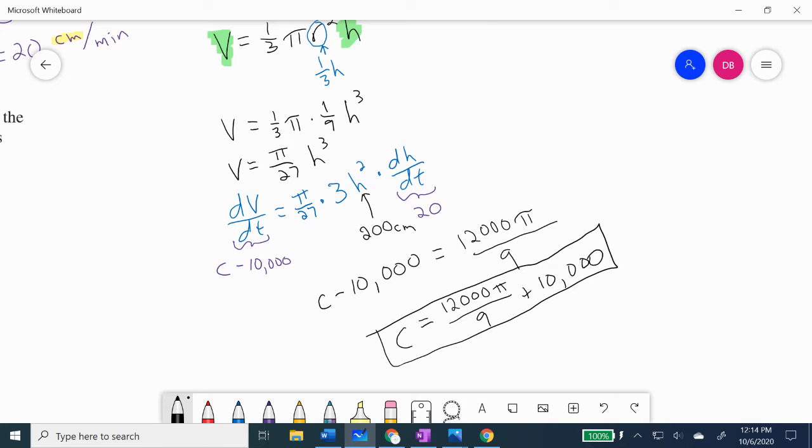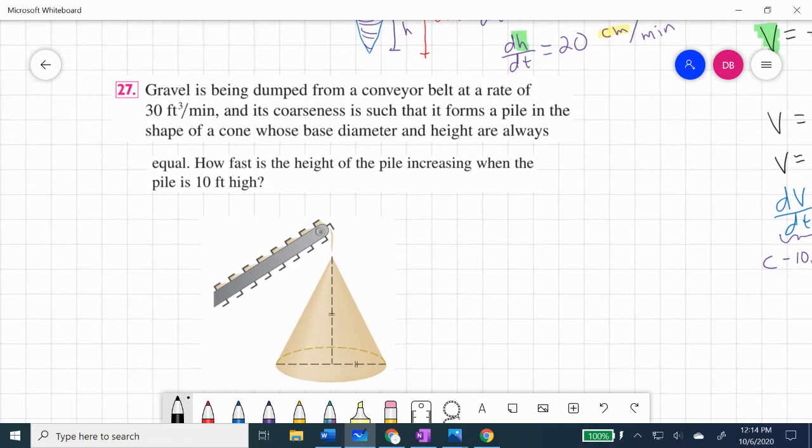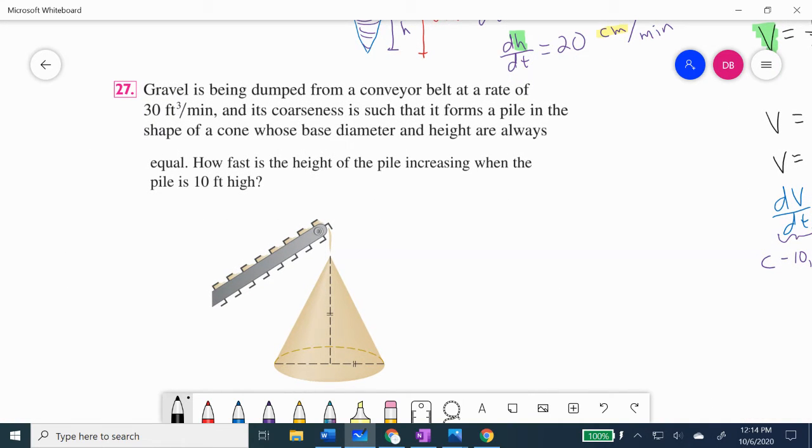There it is. Next problem is number 27, and it's another cone problem. It wants to know how fast is the height of the pile increasing. So we will be finding dh dt. And we've got our when information that we'll hold off on.